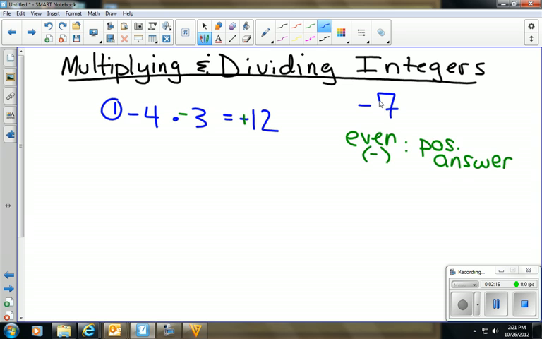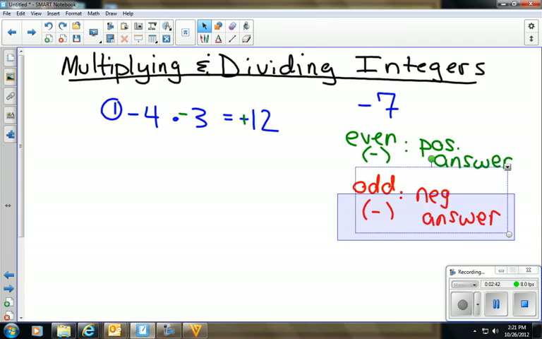And if you have an odd amount, one negative sign, 3 negative signs, 5 negative signs, if you have an odd amount of negative signs, you're always going to get a negative answer. If you can understand that concept, this becomes very, very easy.